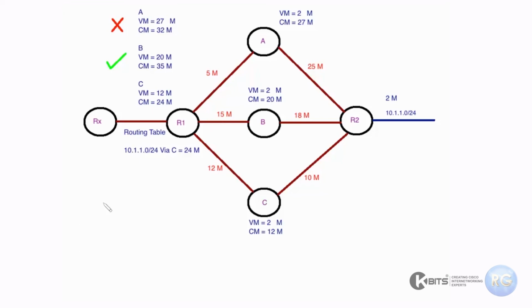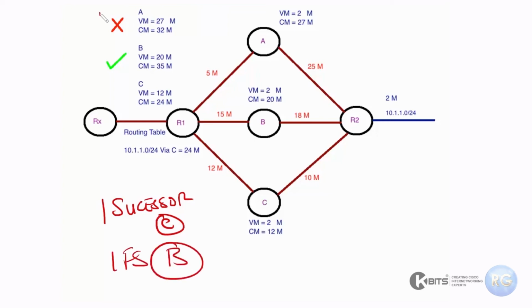You'll have one successor, which is C, and one feasible successor, which is B. Why did A not make it? Because it did not meet the feasibility condition. You understand that?